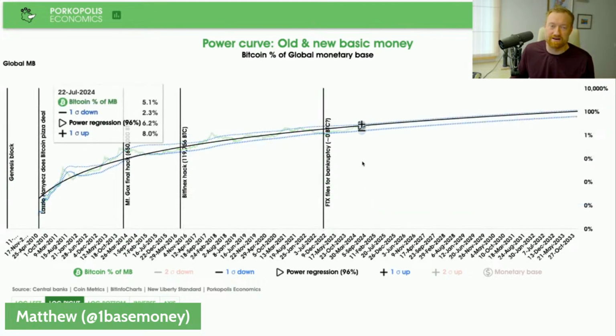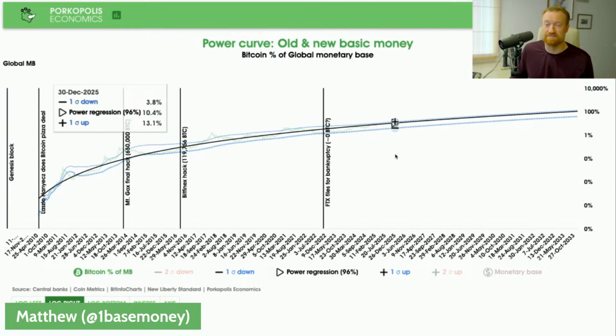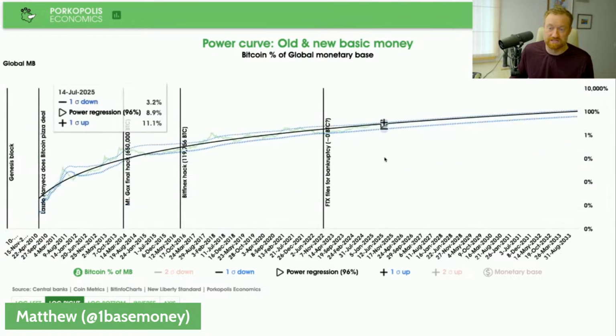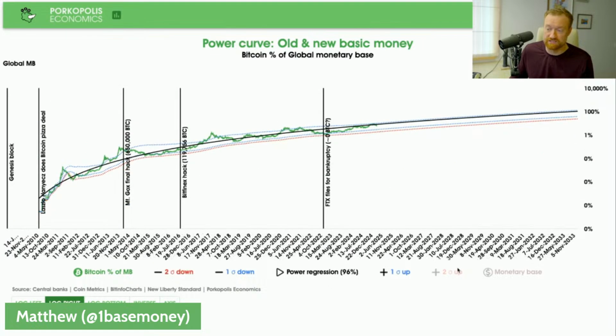Between 3 and 9% of the global monetary base, Bitcoin is, and Bitcoin will remain. It fell under during the FTX SBF debacle from that scammer. But generally, it's between these blue lines. And it's for sure between these red lines.